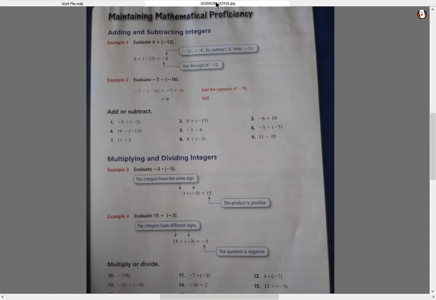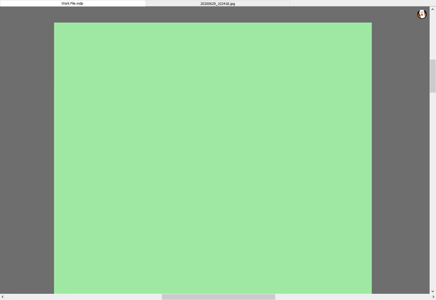All right, let's do the next one. 0 plus negative 13. So, once again, I'm going to compare the signs. Now, notice that 0 does not have a sign. 0 is an unsigned number, so we can put whatever we want there.